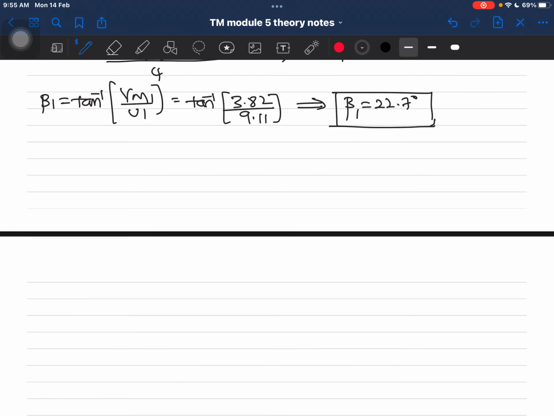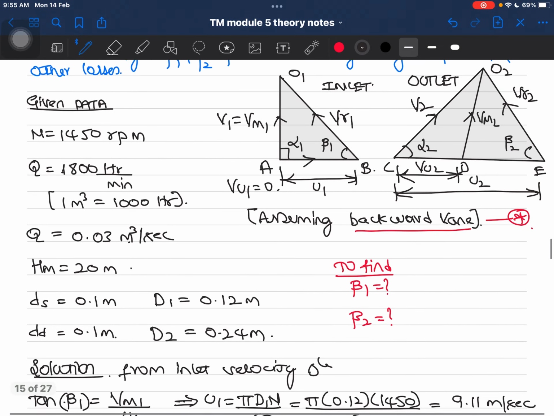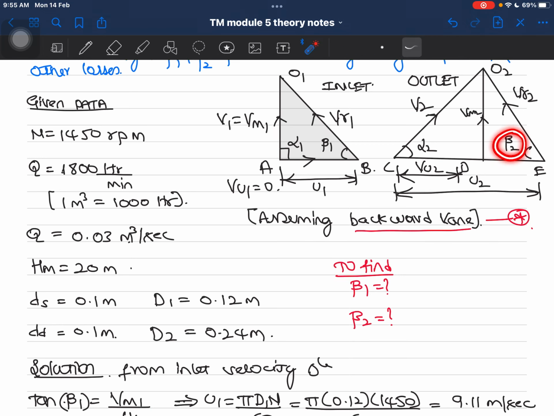Now we shall go with beta 2. So where is beta 2? Here is the value of beta 2, if you observe, and this one is straight. So opposite is the whole value of Vm2. What about the adjacent?